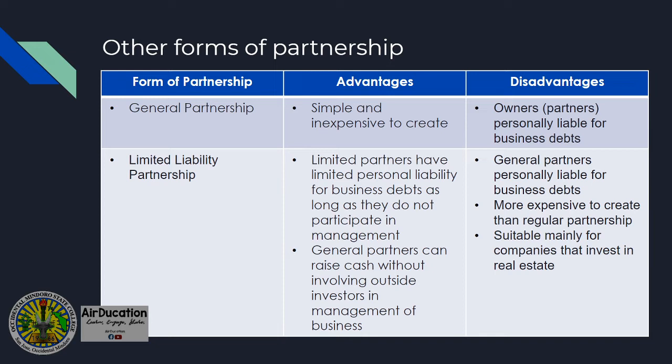Okay? Next one, limited liability partnership. When we say limited liability partnership, limited partners have limited personal liability for business debts as long as they do not participate in the management. For example, there are 10 members of the partnership.